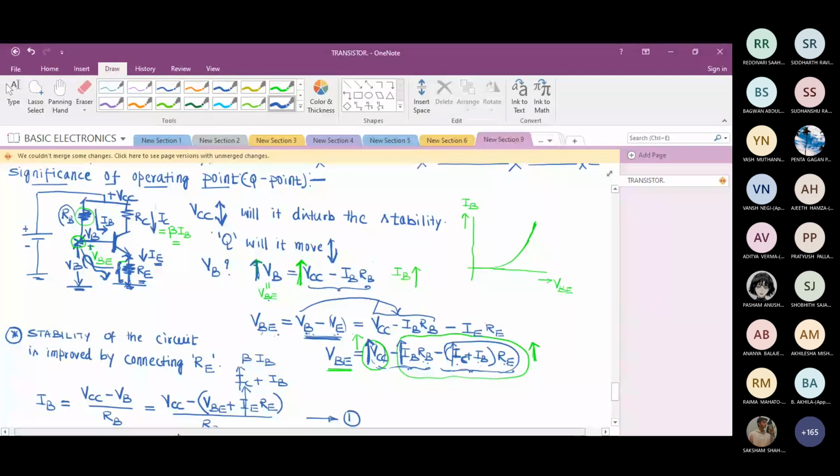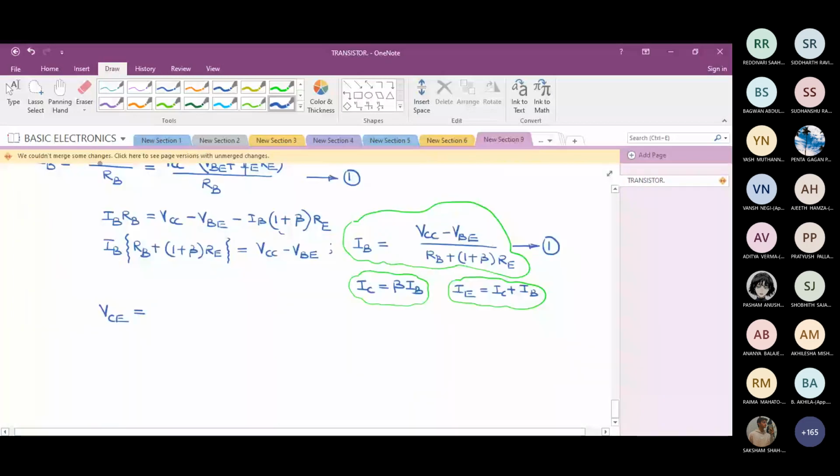Are you in a position to answer what is at least this one, VC, voltage at the collector? VC will be VCC minus ICRC.